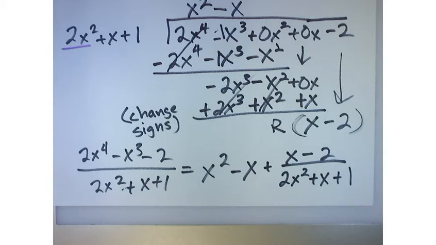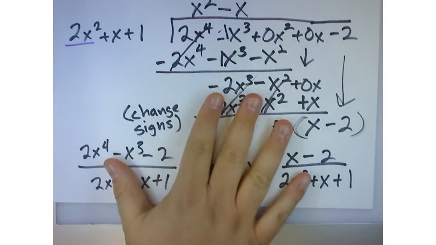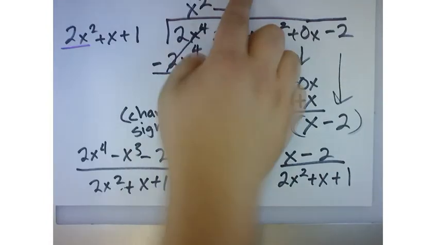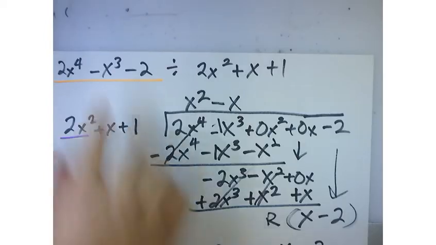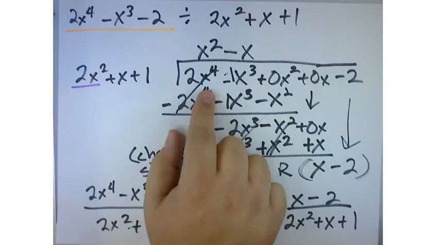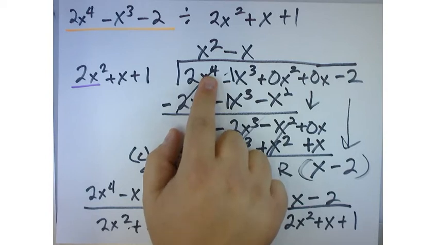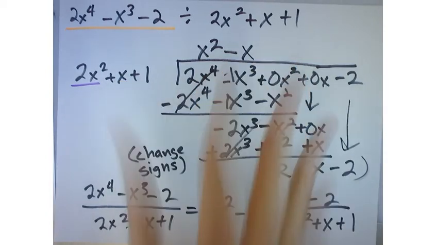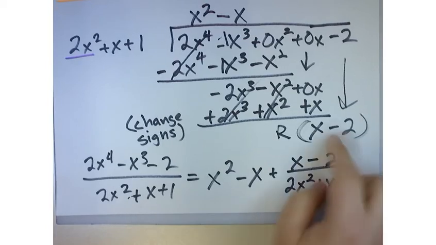Does that make sense? So let me recap this. I'm asked, what is this divided by this? Then we write it up like a long division problem. Then we follow the algorithm for long division. When we're done, we're left with a remainder.